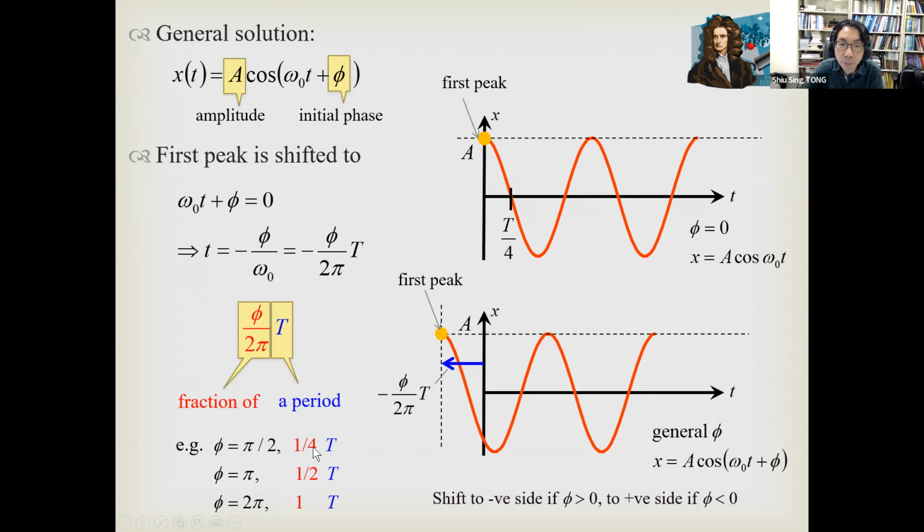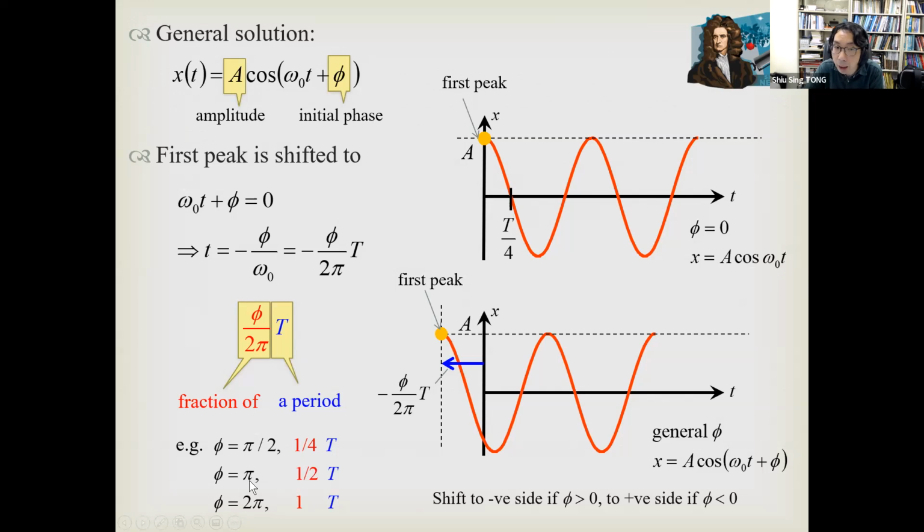So you have the peak shifted in the negative t direction by a quarter of a period. Initially, if you don't have the phase, the first 0 for the oscillation is here, but now it's shifted to the negative side by a quarter of a period. That means the 0 position will go to the 0 point. So it will shift by a quarter of a period.